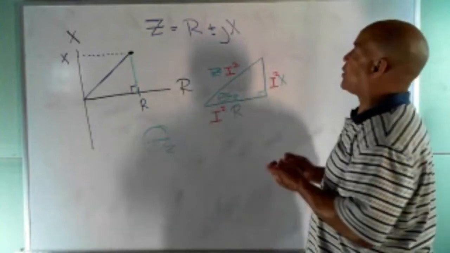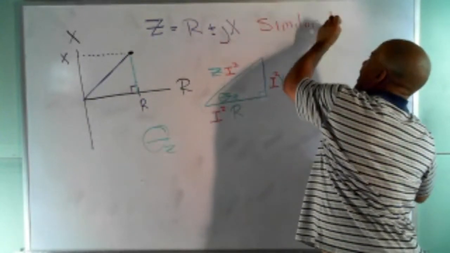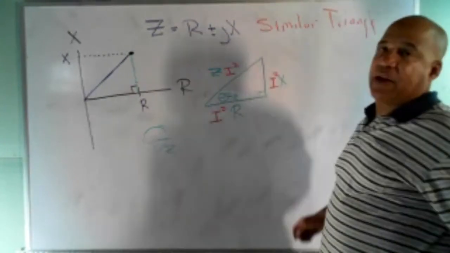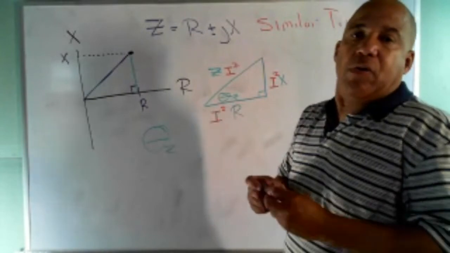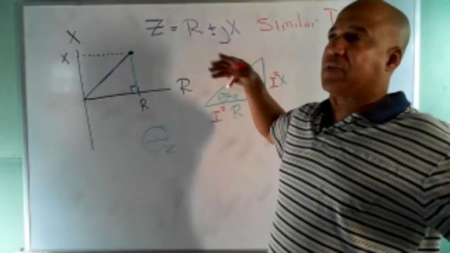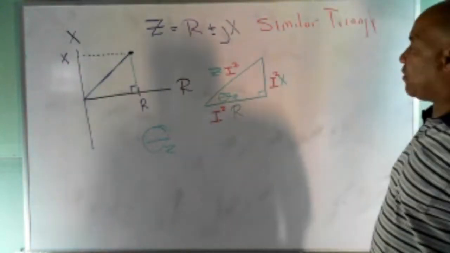So we call that a similar triangle. And in geometry, when you have similar triangles, if you take the sine or cosine or tangent of similar triangles, they're equal.